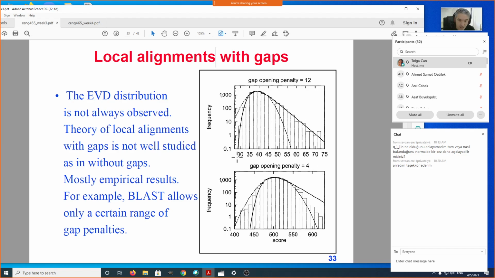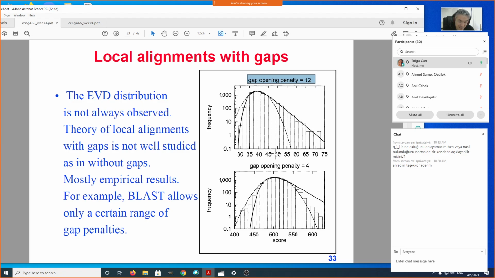For example, if we are using this gap opening penalty of 12, these are scores between two sequences of length 1000 each, and these are our frequencies, and these are our score values, which are all positive, as you can see. Between random alignments, we can obtain positive scores.